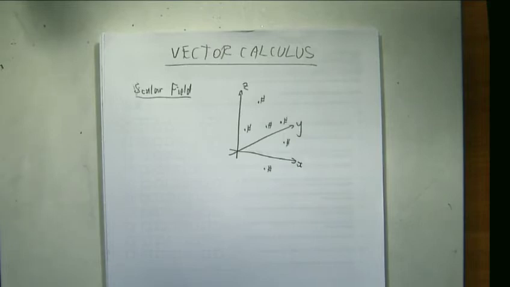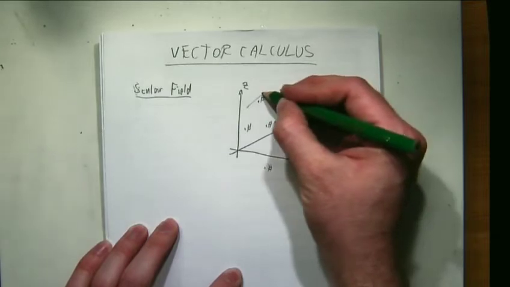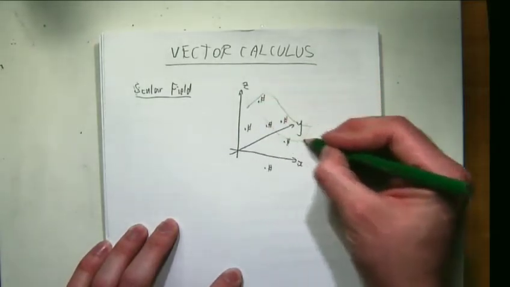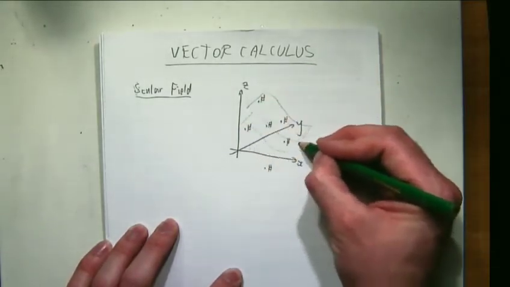Lovely. And one of the things that you do with a scalar field is you find all the points that produce the same outcome. So if you get all the points that have the same number, give me a second to find my picture. If you get all the points that have the same number, what you'll make is some sort of surface.